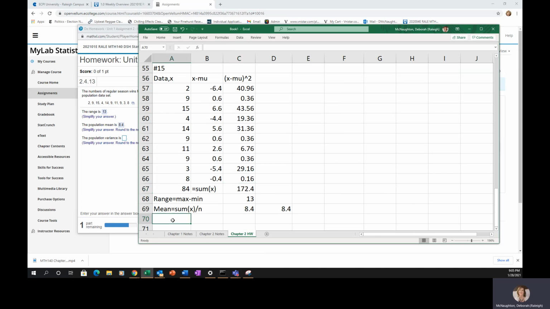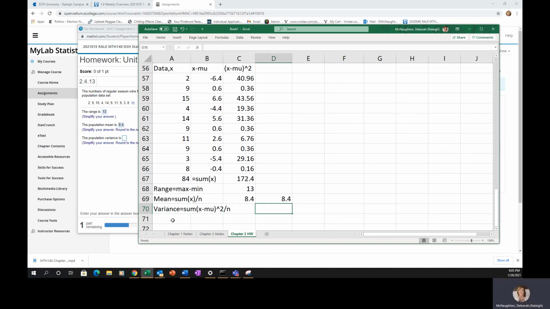And then my variance is the sum of x minus mu squared divided by n. So this is just this value divided by 10.